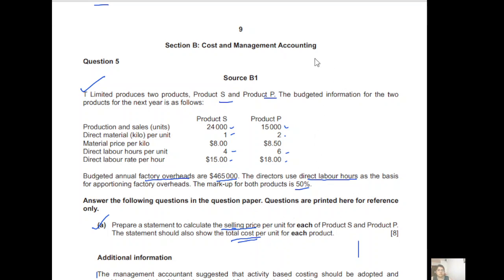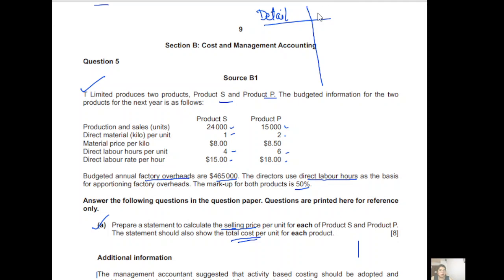So what you have to do, look, for calculating the total cost, first you add all the costs which are in front of you. Here we have to write in detail.